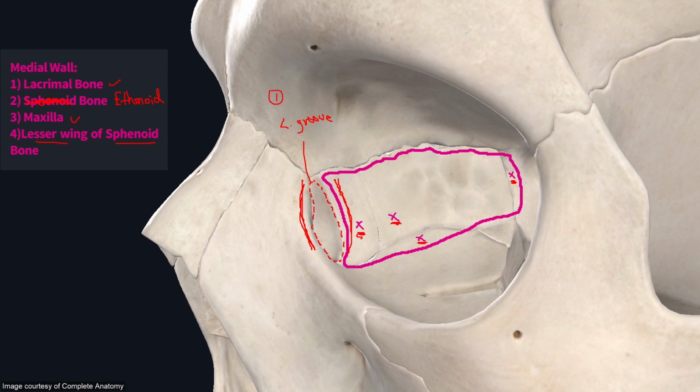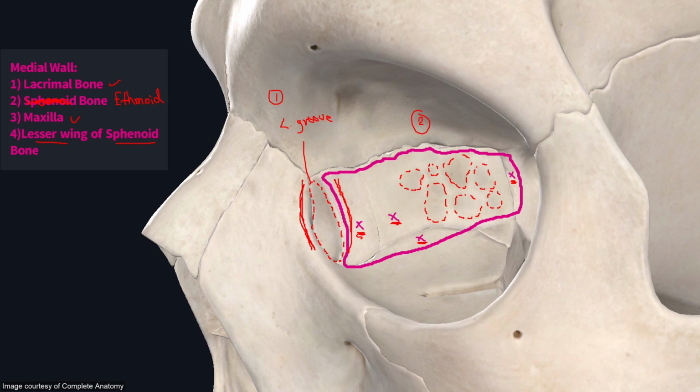The second part I want to talk about is those little kind of circles. If you can see them, I hope you could. So what are these? Basically, now we're in the ethmoid bone. And as you may know, the ethmoid bone has its ethmoid air cells.